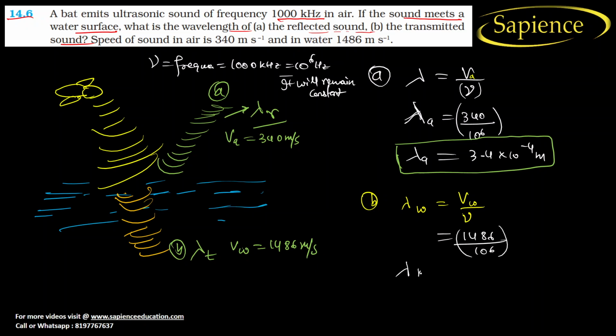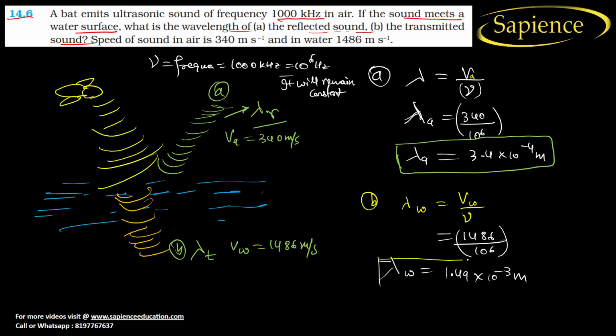So finally, we will get lambda in water as, if we round up, 1.49 into 10 to the power minus 3 meter. So this is our required result for this question.